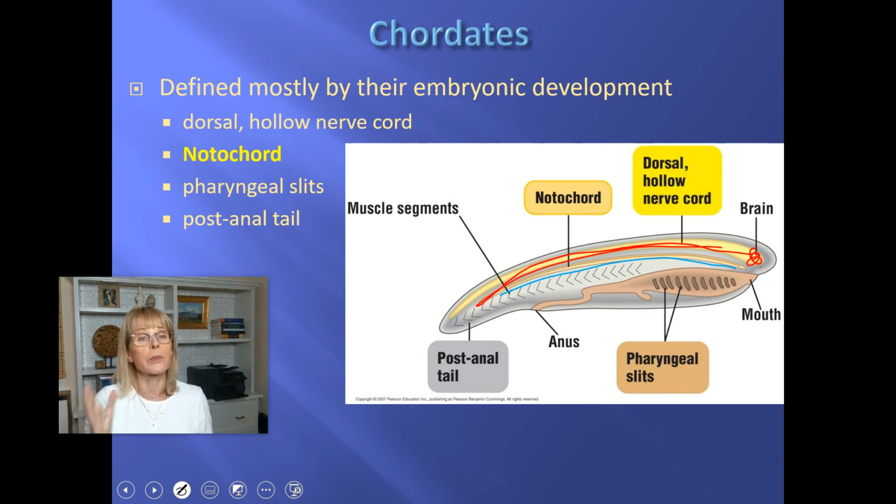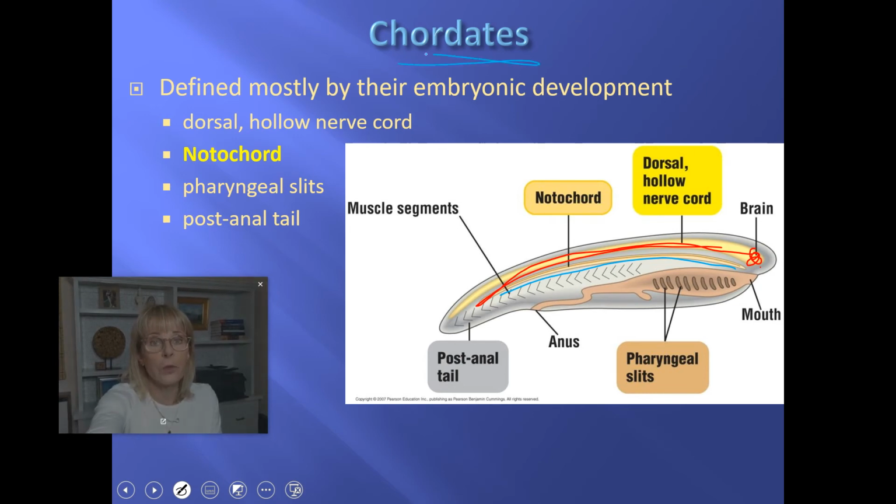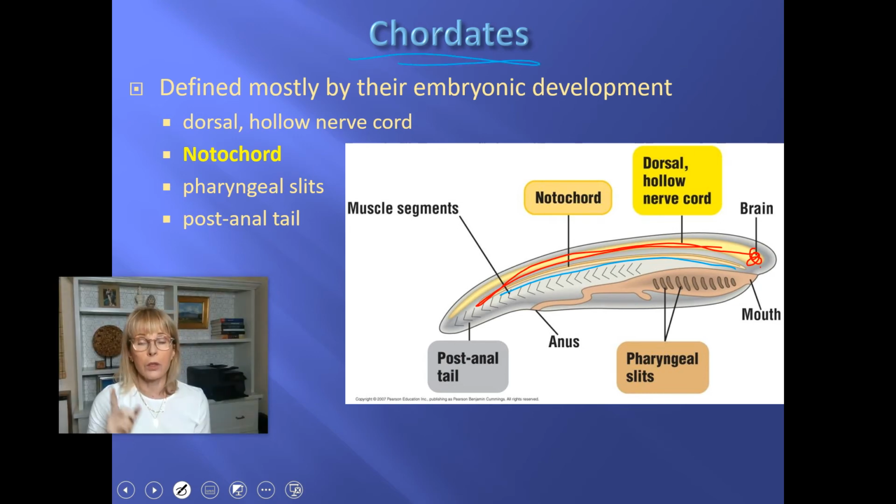So the spinal cord is going to be the spinal cord. The notochord is going to become your vertebrae, your backbones. All of the chordates have a dorsal hollow nerve cord, that's going to be the spinal cord, and they all have a notochord at least at some stage in their embryonic development.